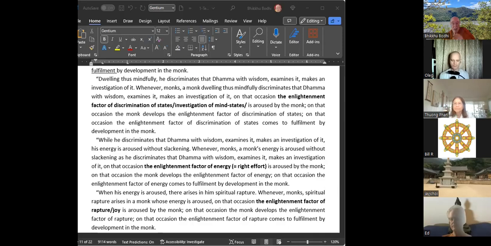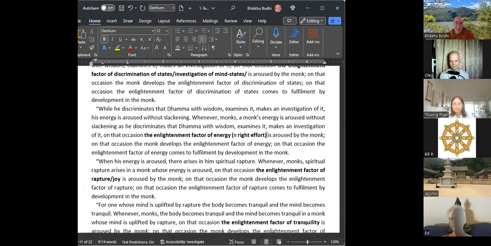Then as you start to make progress in removing the bad states and strengthening the good states, your mind becomes more joyful, especially as you start to progress towards deeper concentration or samadhi.